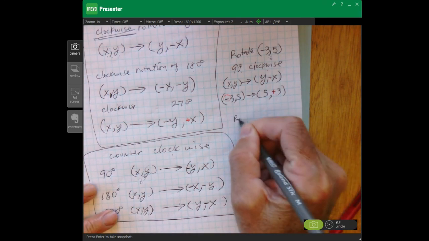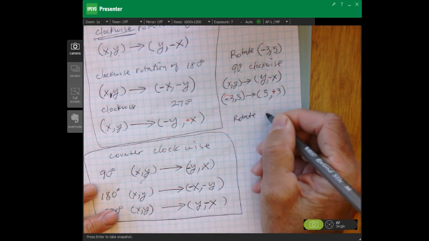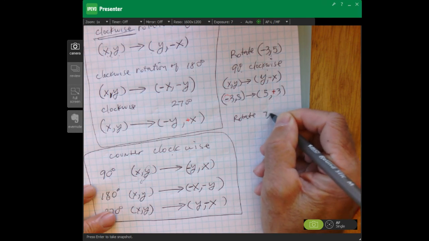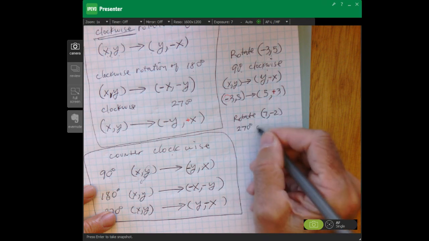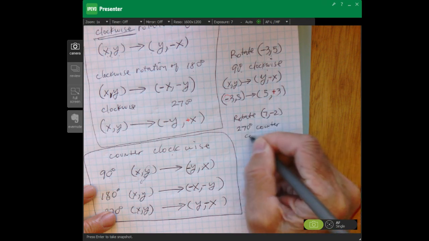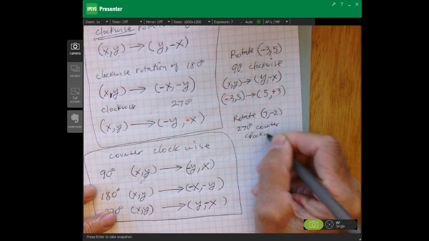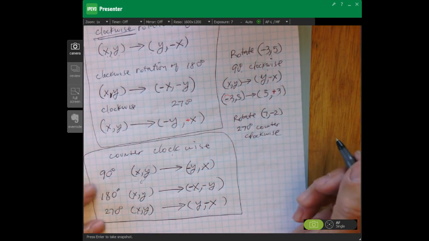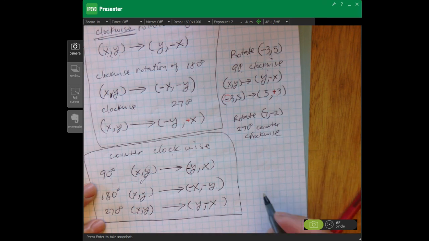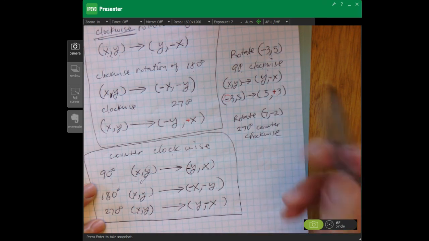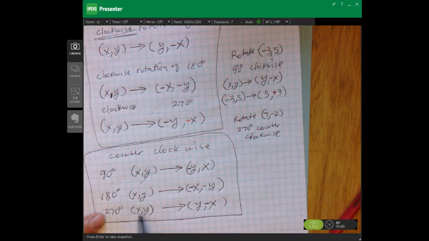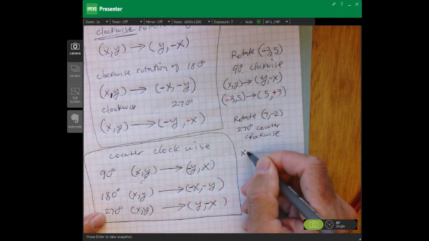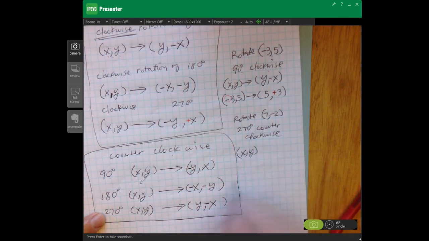Let's say we rotate 7, negative 2, and we're going to do this one 270 degrees counterclockwise. Okay, so this one, again, same thing. We're going to look at this rule right here. 270 counterclockwise is the rule we'll use.